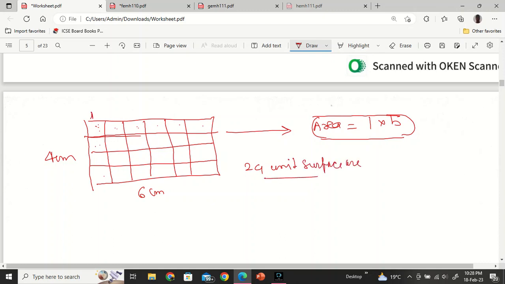If this is 1 centimeter and this is 1 centimeter, so total area is equal to 24 centimeter square, if you add up all these small unit surface areas. And what is area by formula? Area by formula is equal to length into breadth. It is 6 into 4 is equal to 24 centimeter square.